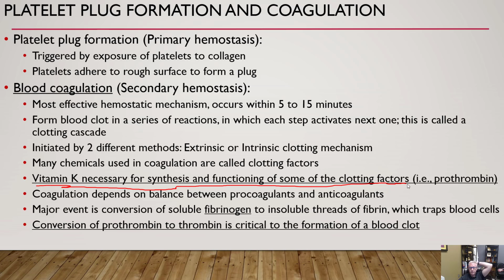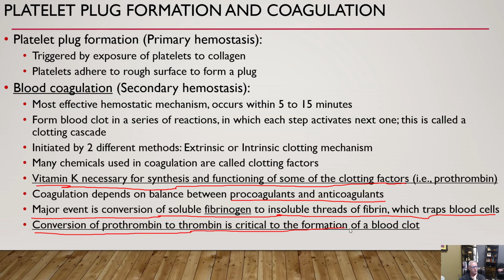And then we also have procoagulants and anticoagulants. It says here, the major event is the conversion of soluble fibrinogen to insoluble threads of fibrin, which traps blood cells. And then the conversion of prothrombin to thrombin is critical to the formation of a blood clot.